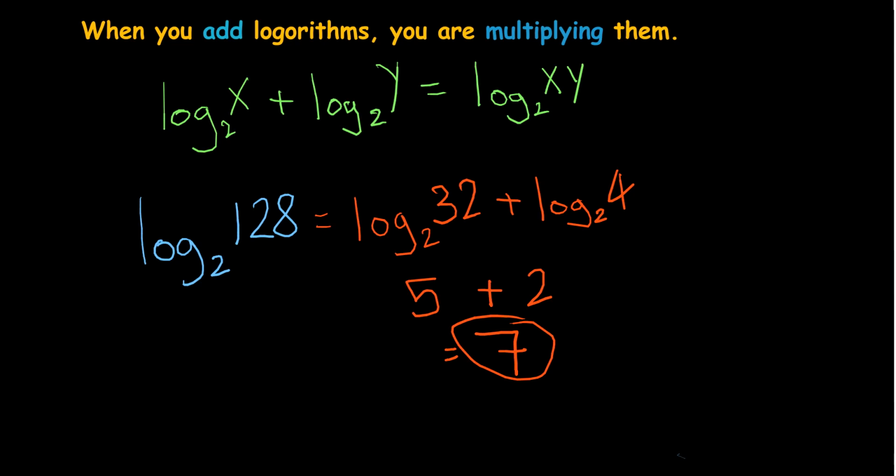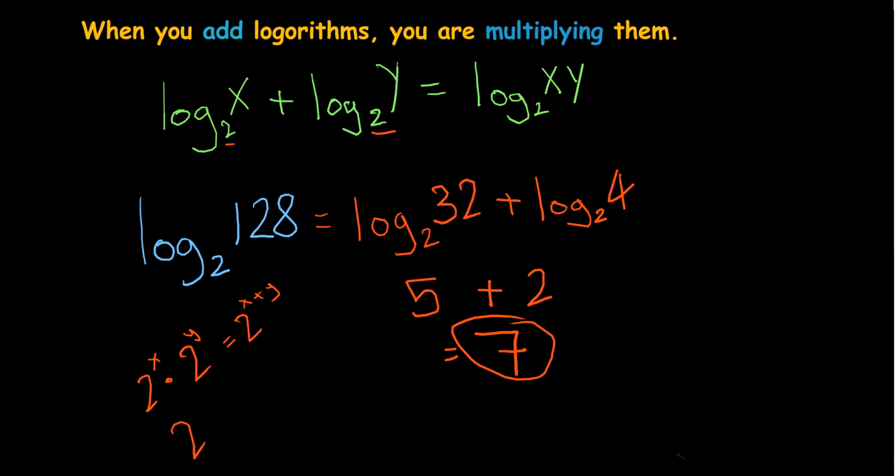And also just keep in mind that you cannot use this property unless you have the same base here. For the same reason I mentioned over here when I was explaining the property of the exponents. So if you've got 2 to the x power times 2 to the y power, it's 2 to the x plus y.